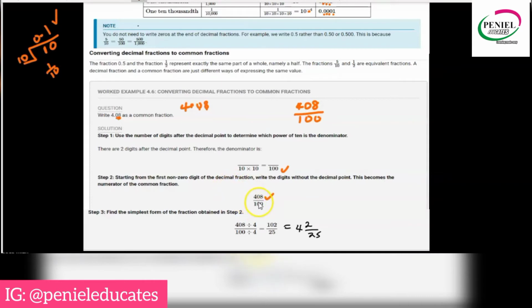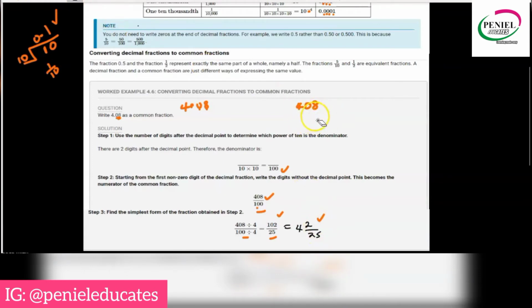That means you write 408 over 100. Then you can reduce 408 over 100 to its simplest form by dividing this by 4, which gives you 102, and dividing this one by 4, which gives you 25. If you convert this to a mixed number, it gives you 4 whole number 2 over 25.